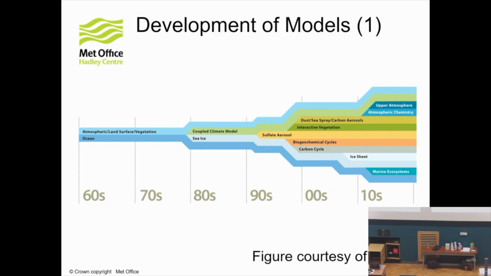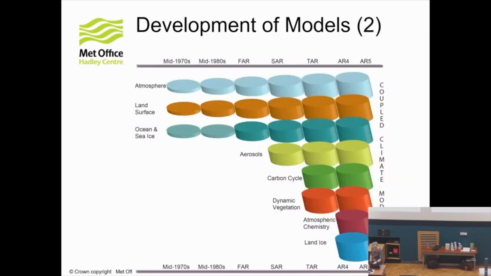But that's something that is currently changing. So we anticipate for CMIP7, for example, that some of the Earth system models will include interactive ice sheets. And ice sheets are incredibly important in terms of sea level rise and the potential for irreversible changes within the Earth system.